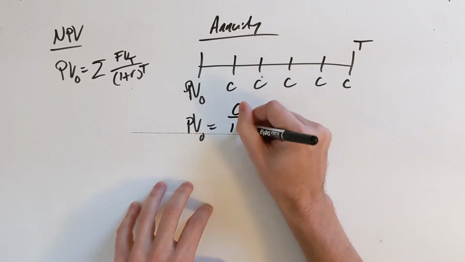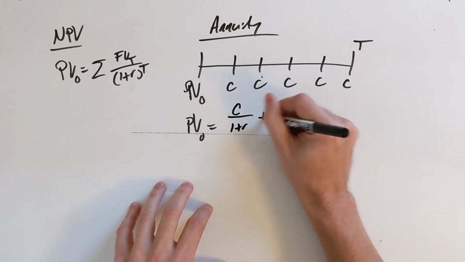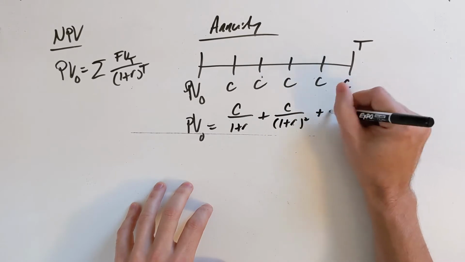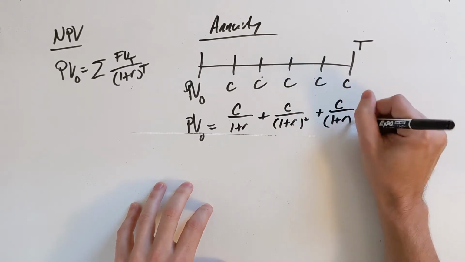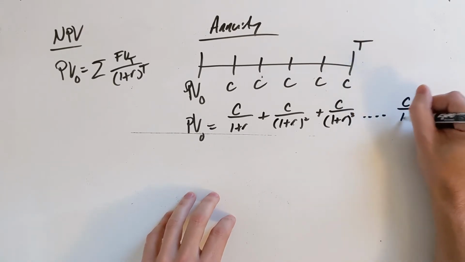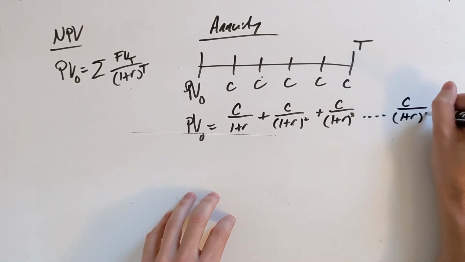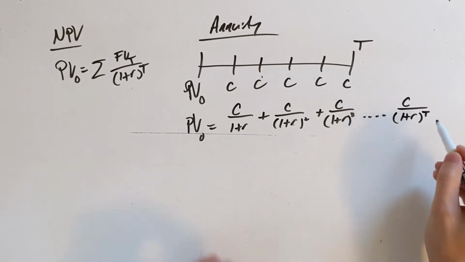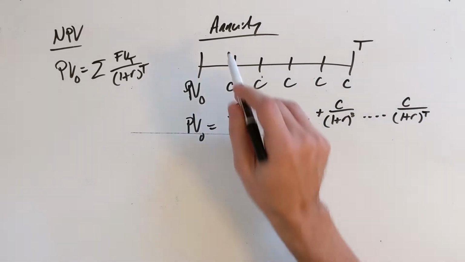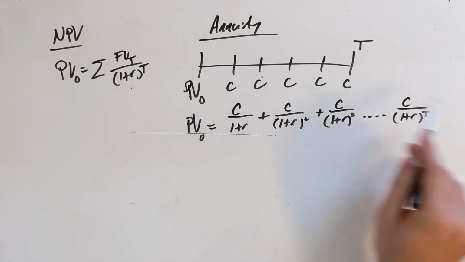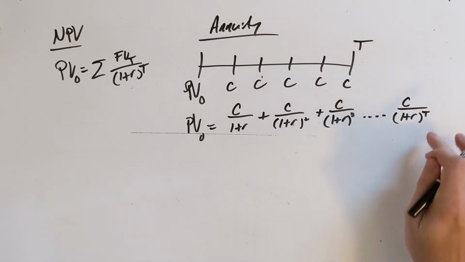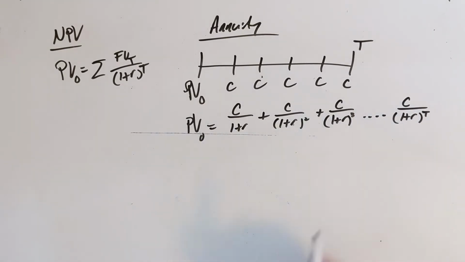We take each one of these, on and on until we have added up, and I'm going to put that T there to show this is the last cash flow. The big distinction between an annuity and a perpetuity is that a perpetuity goes on forever. An annuity does have a fixed maturity date or end date to this cash flow stream.